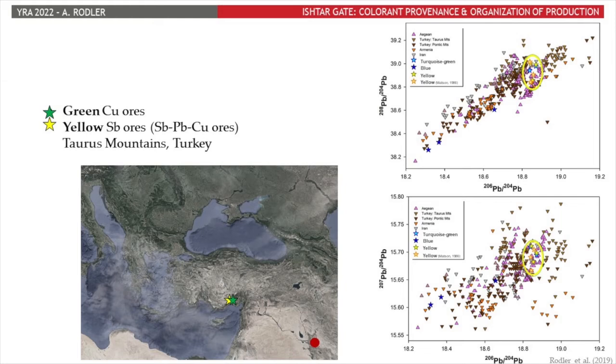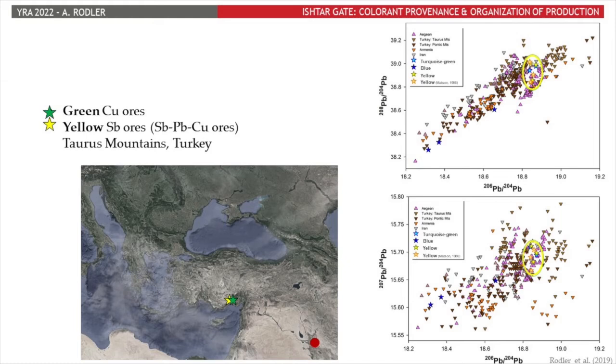So for the green glazes, it was most likely copper ores that were used as colorant to produce these glazed tiles. And for the yellow, it was likely antimony ores or mixed antimony, lead and copper ores. The most likely source area for both the copper and the antimony-lead-copper ores, we proposed, was the Taurus Mountains in Turkey.